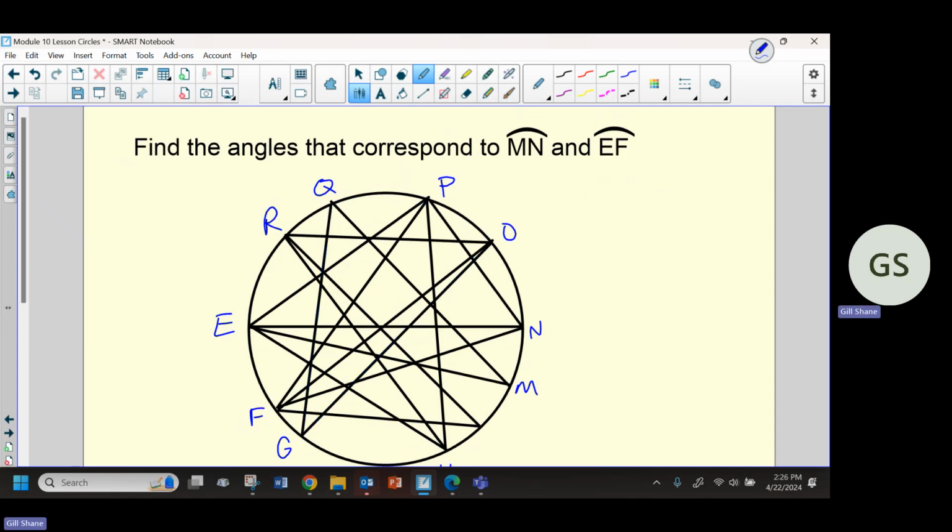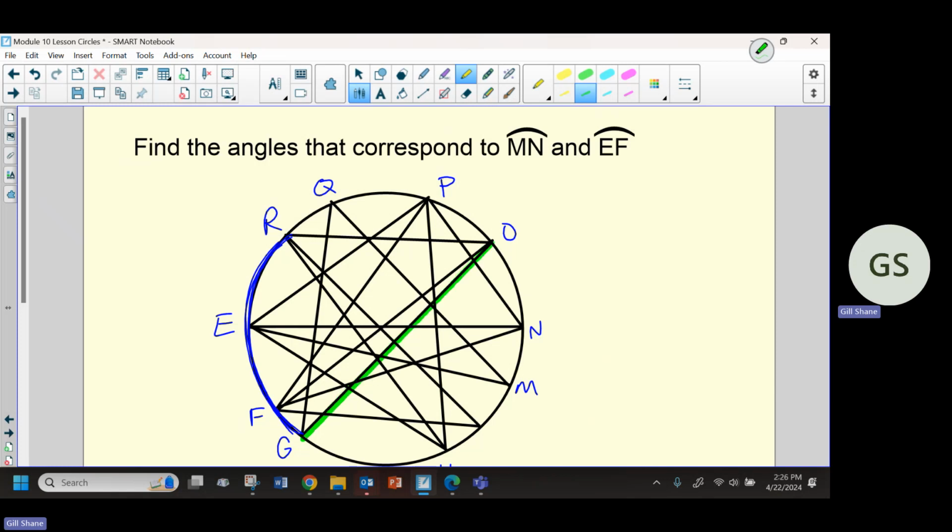It's a little trickier to go backwards and say from the arc, what is the angle? So let's say I wanted to do arc GR. What angle, or it could be multiple angles, could share an arc, remember? You have to trace the lines back. So from point G, I'm just going to pick a line, trace it to the other end of the circle.